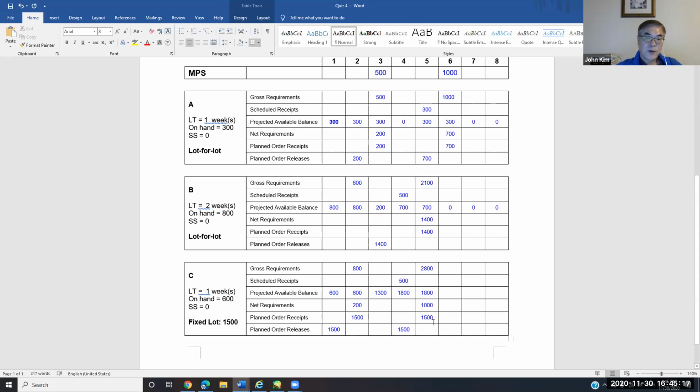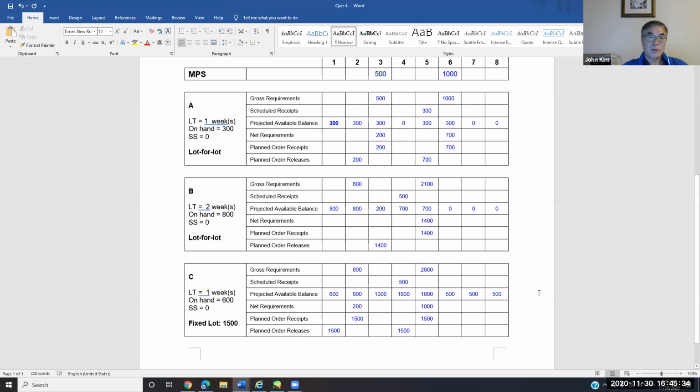Received now 1,500, use 1,000, so 1,500 minus 1,000 will be 500 carry over, like this. Do you have any question?